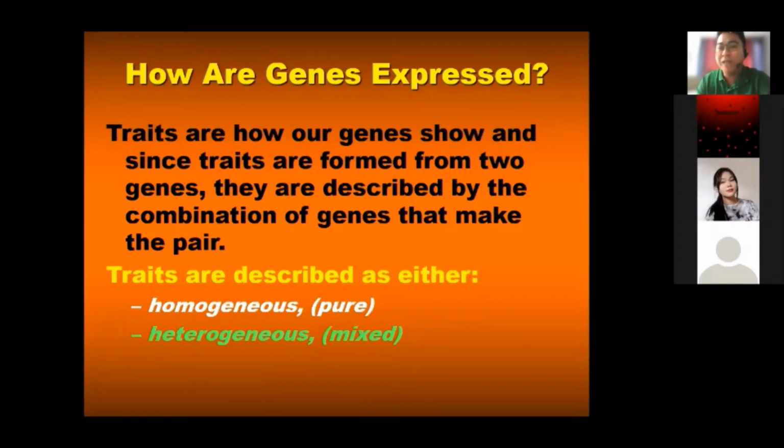Example, your mom has black hair and then your dad has black hair. So pareho silang big letter B from both mom and dad. So yung alleles nila is what we call pure. And then the heterogeneous naman kapag a mixture of dominant and then the recessive gene.